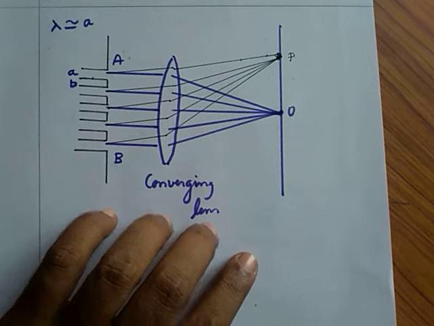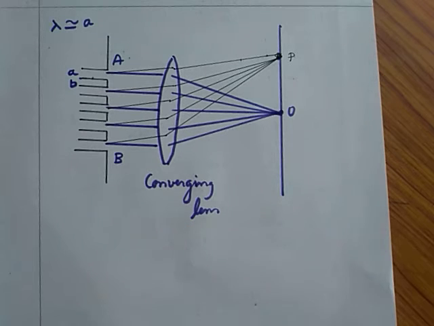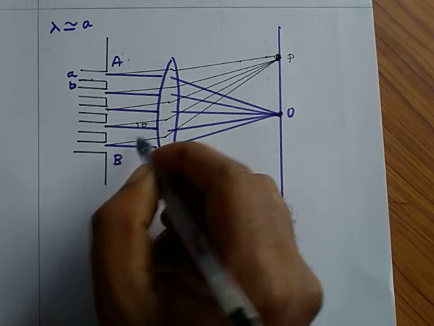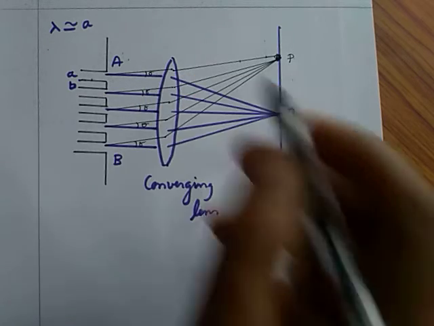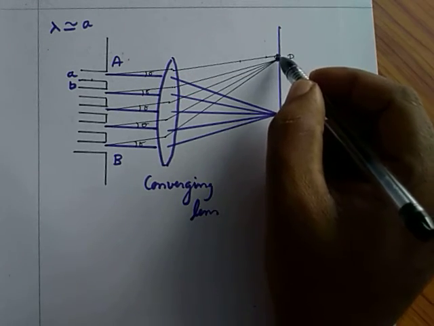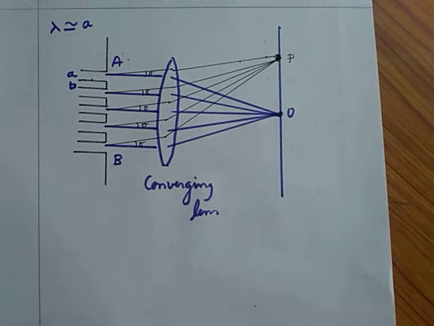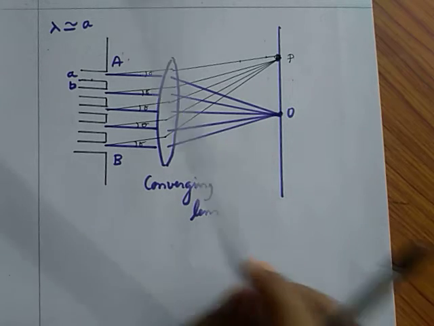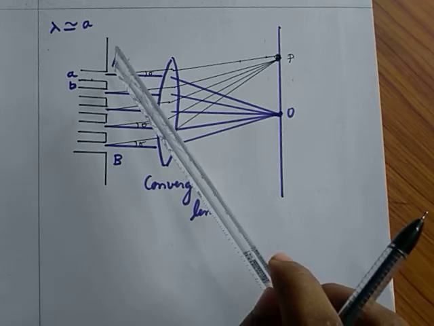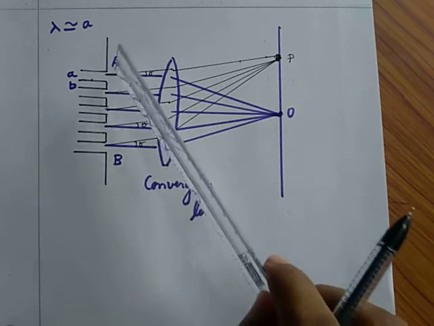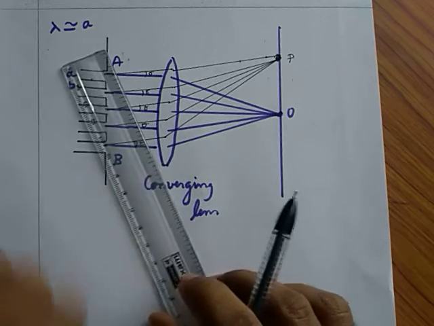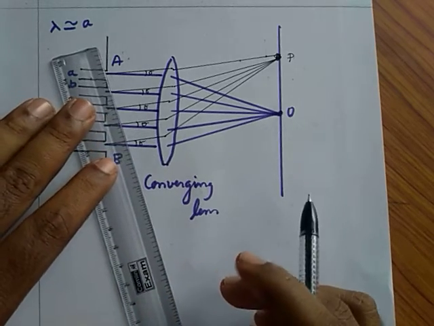The point P will be bright. Here the angle between the diffracted wave and the direct wave is theta. The point P will be bright based on the path difference between the two waves from adjacent corresponding points. Here I draw a perpendicular line.